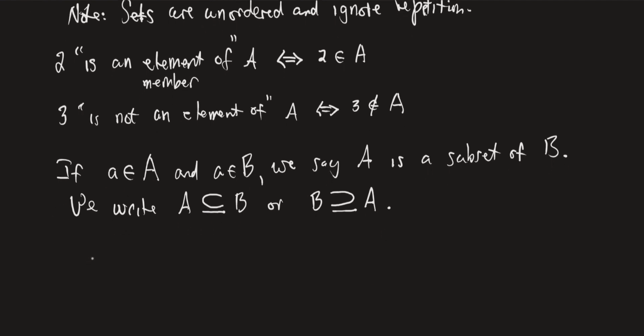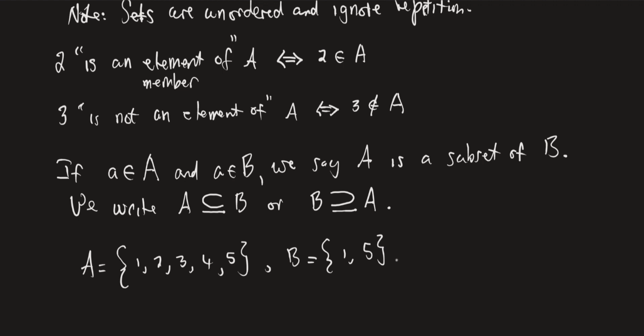So I'm going to write down 3 sets. And I'll just make these all numbers. So let's say A is 1, 2, 3, 4, 5. And then let's say B is 1 and 5. And then let's say, actually I'll do 4 sets.